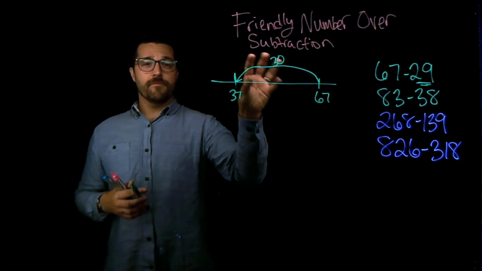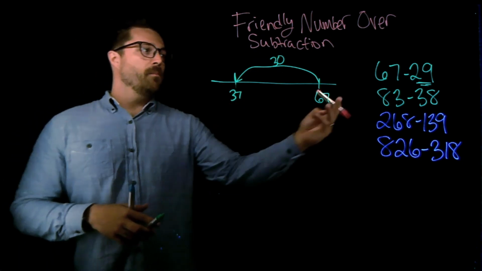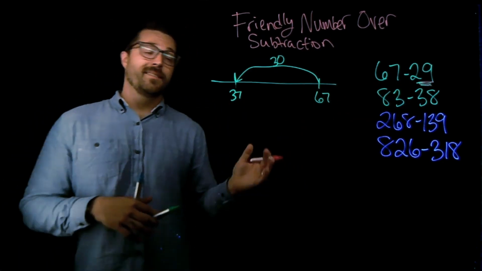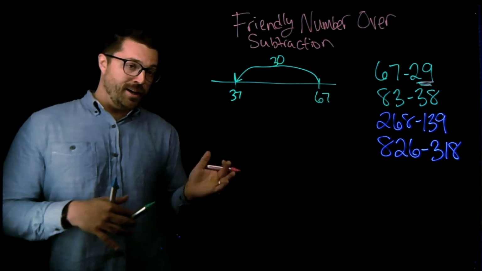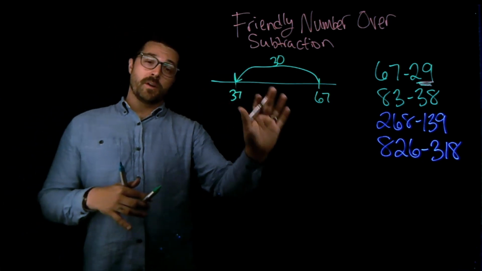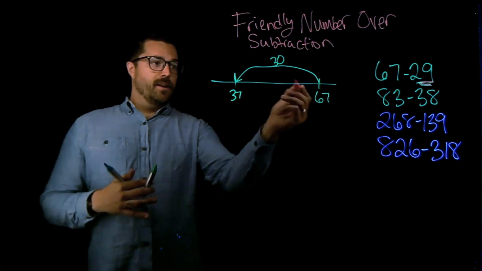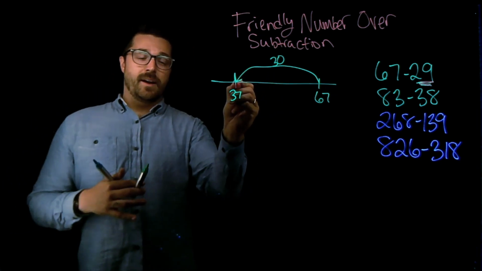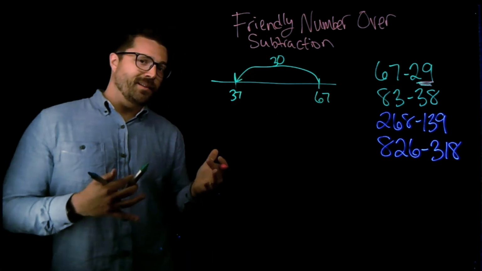So we found that friendly number, 30. We removed that friendly number, but we removed too much. We went a little too far. I was supposed to take away 29, I took away 30, so now I have to think, and the open number line gives us a great way to see that, how do I manipulate? If I took away too much, do I need to keep going and take away more, or do I need to take away a little bit less?